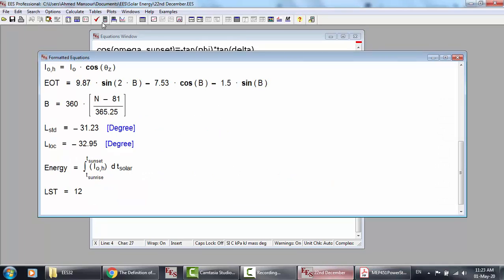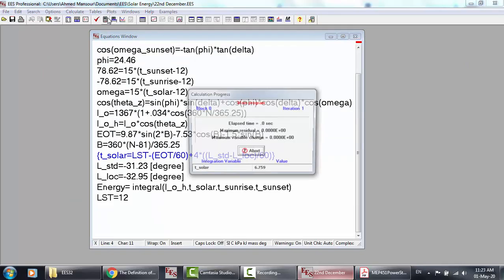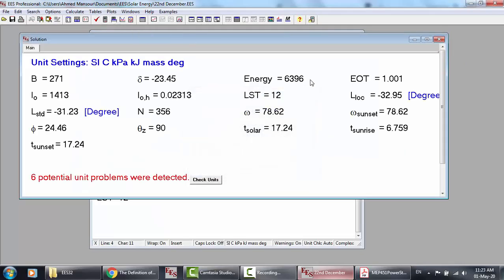Okay, to calculate the energy of it, just let's see if we have a problem. No, just calculate it. So we got here 6396. It will be watt hour per square meter. If you have 1 square meter PV, you will receive IOH with this quantity.